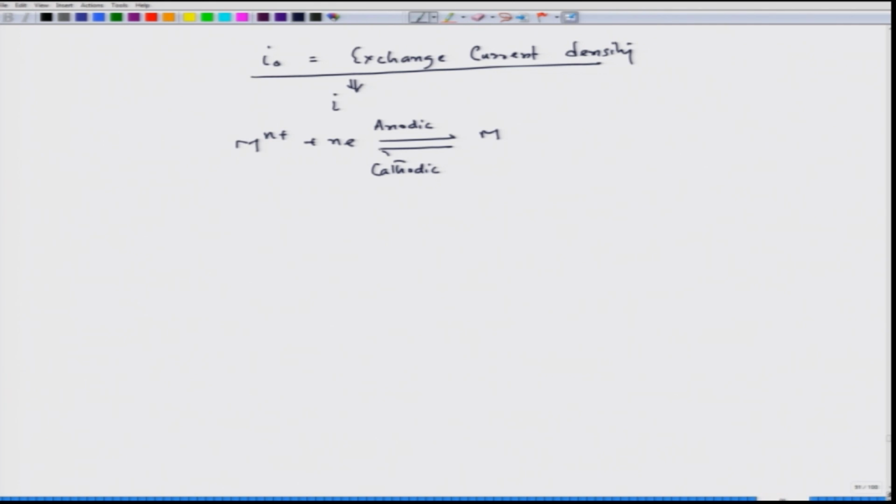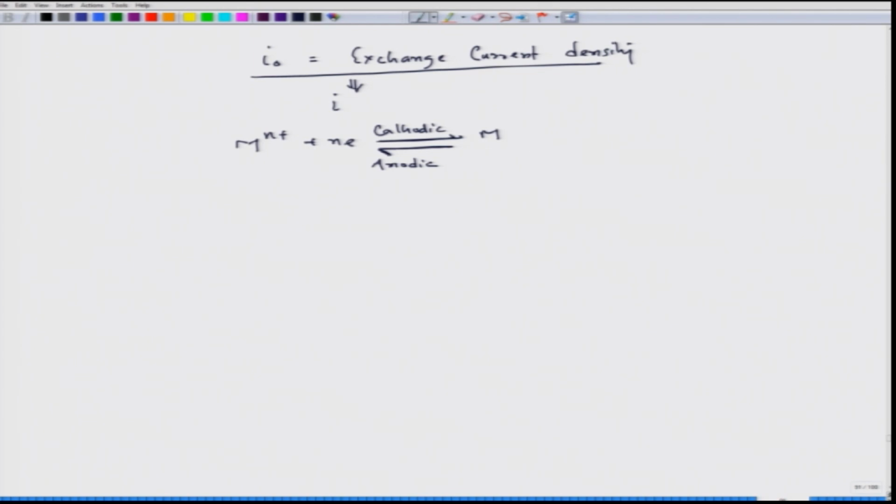In this direction we have the cathodic reaction, and the reverse would be anodic. Now, this is reduction, the forward reaction, and the backward reaction is the oxidation reaction or corrosion reaction.